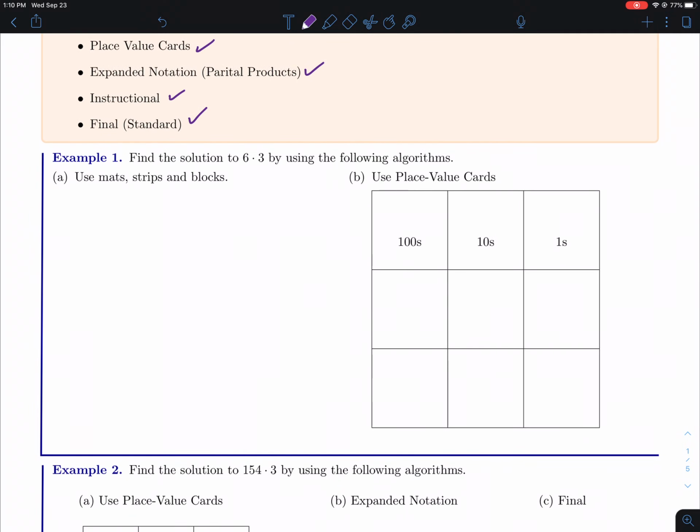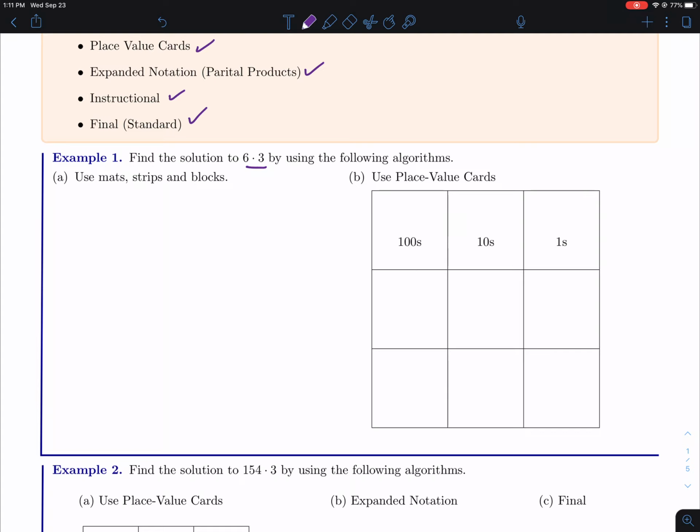Example 1a, we're going to use the base 10 blocks, and it says find the solution of 6 times 3 by using one of the following algorithms. In this case, we're going to use our base 10 blocks and kind of repeated addition.